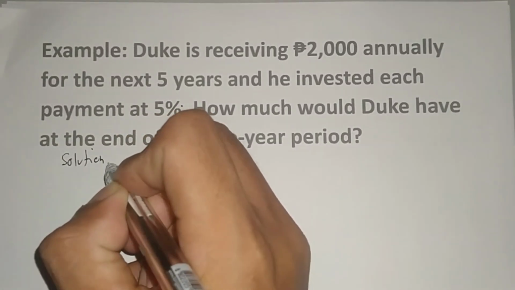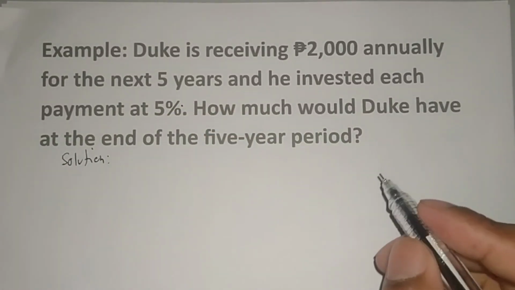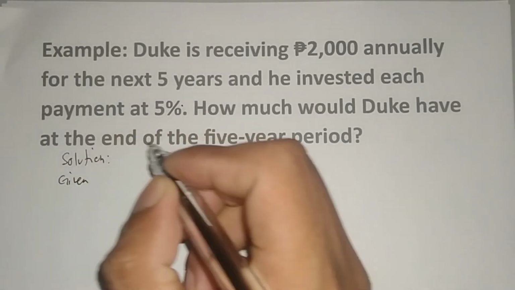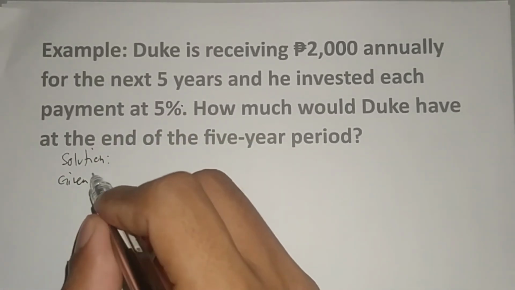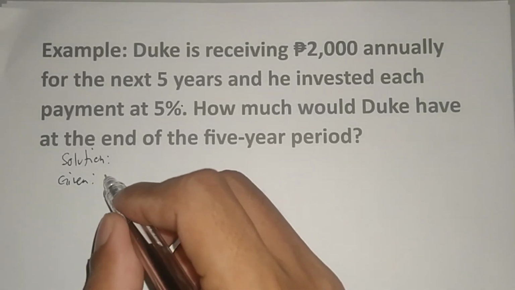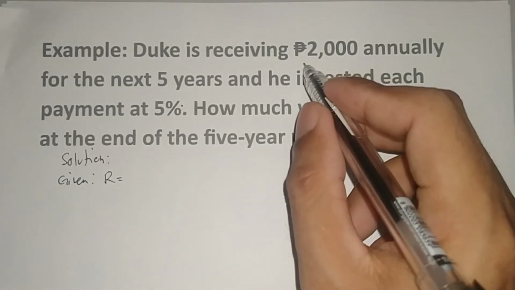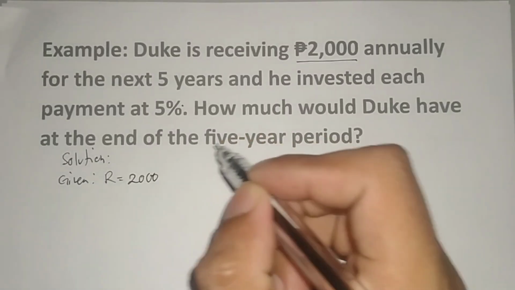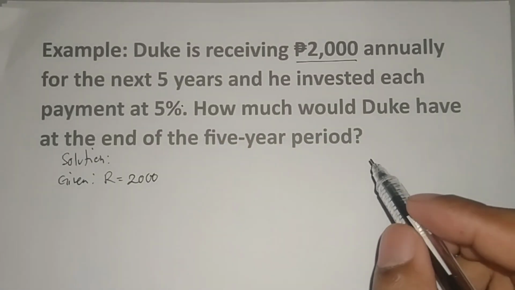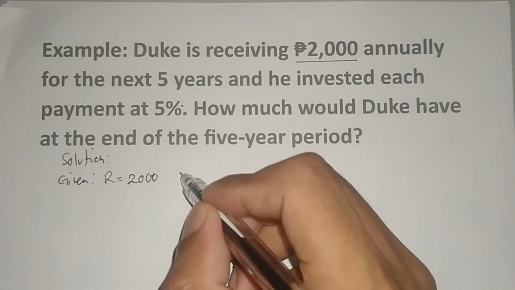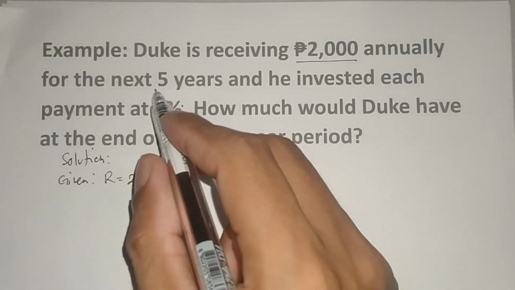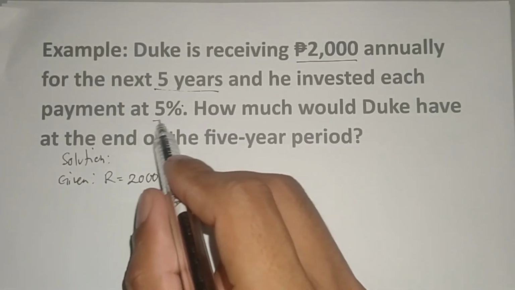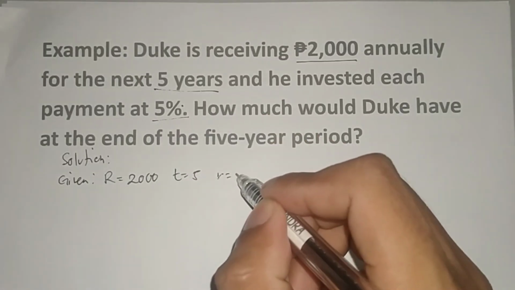So yung solution natin, first the given. So meron tayong R equals 2,000. Then we also have time is 5 years, and we also have the percent, the interest rate.